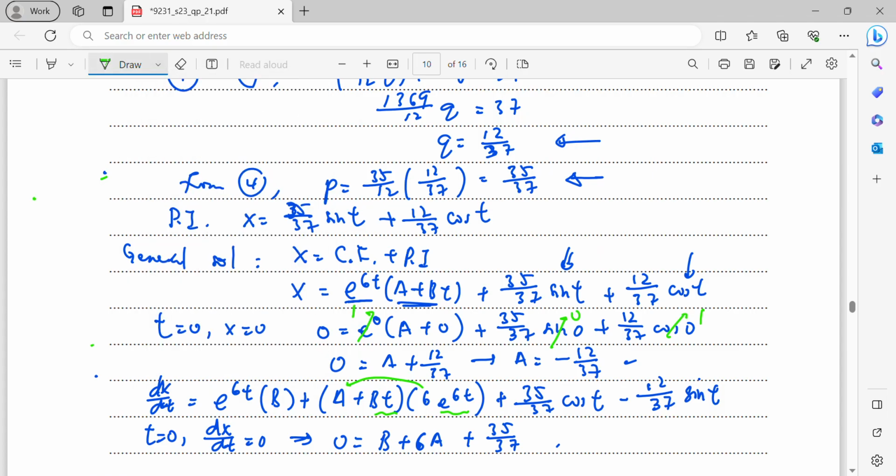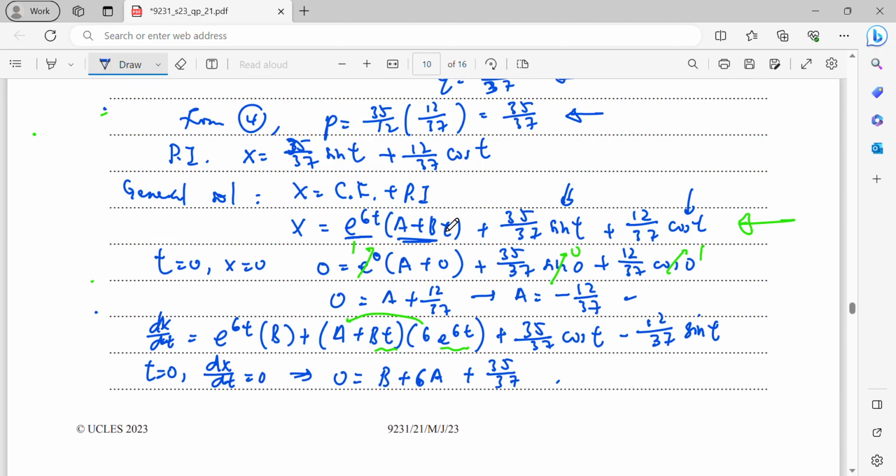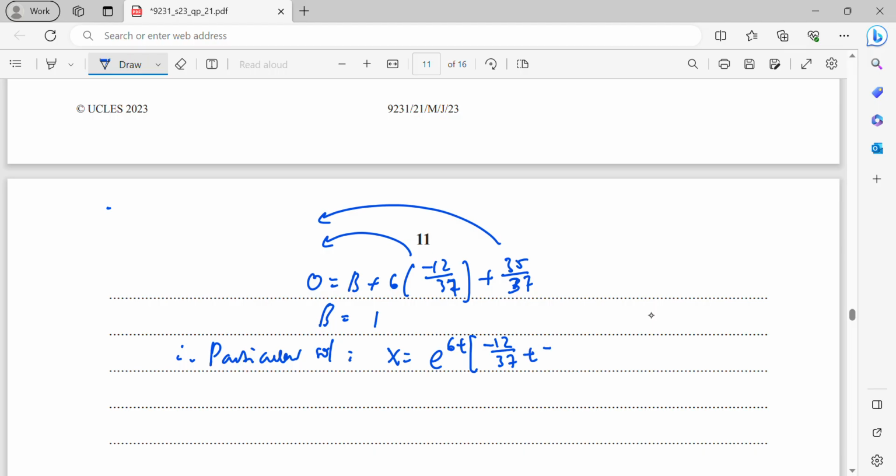Your a is negative 12 over 37, so you will get e to the 6t times (negative 12 over 37, that's a, plus bt, your b is 1, so plus t), followed by the sine and cos. That's the solution of this question.